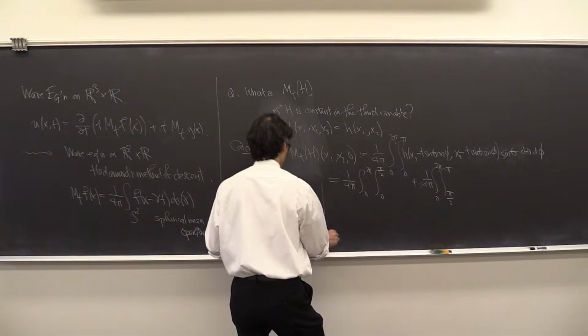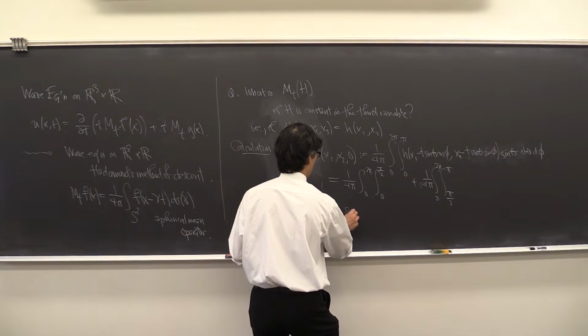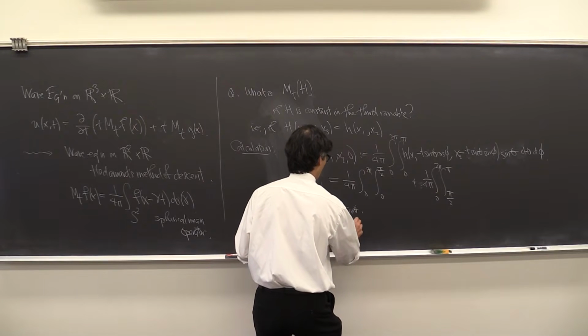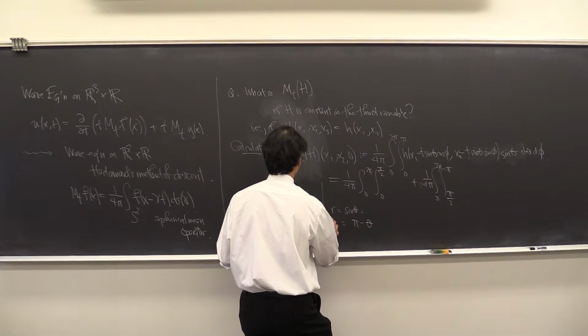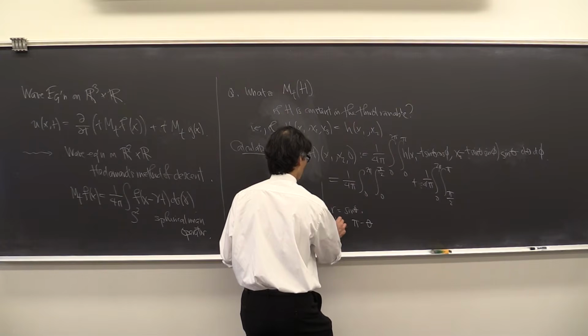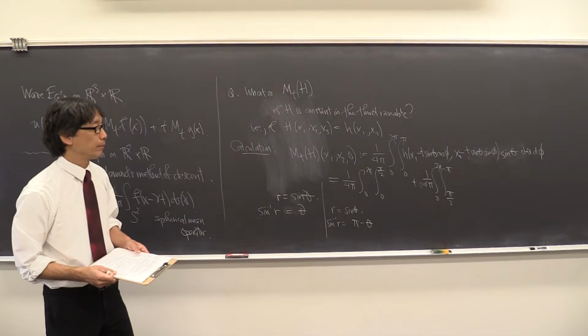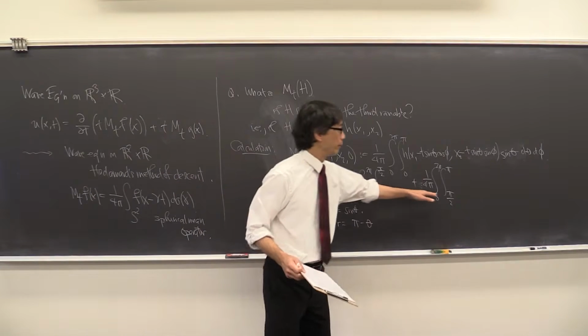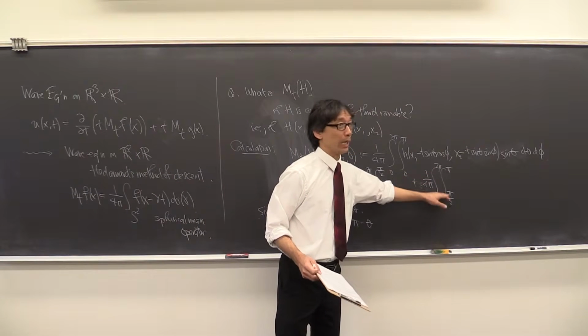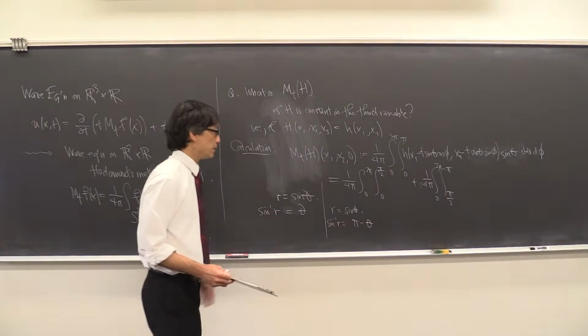Okay, and in the second one, pi minus theta is going to be arcsine of r, because we're going from pi over 2 to pi. Okay, so that's how that works out.